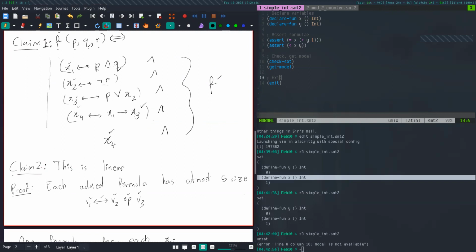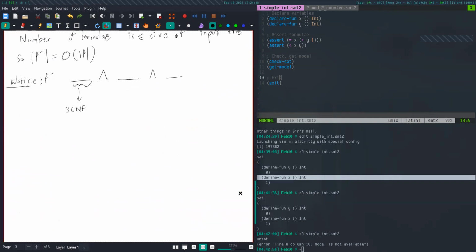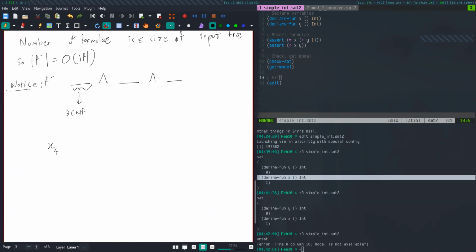Let's say that you have x4 is equivalent to x3 implies x2, right? The first thing we do is split the equivalence into implication both ways. We say x4 implies (x3 implies x2), and we say x4 is implied by (x3 implies x2), and we take the and of that.